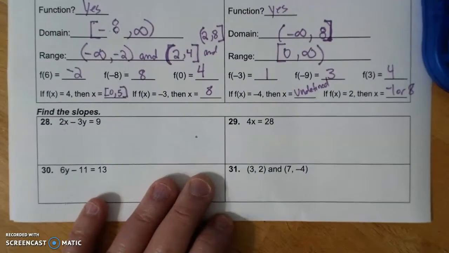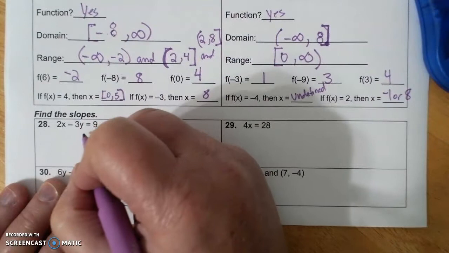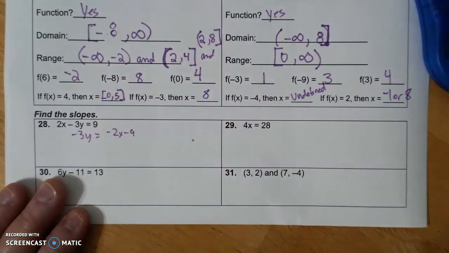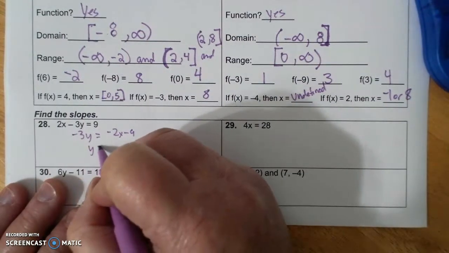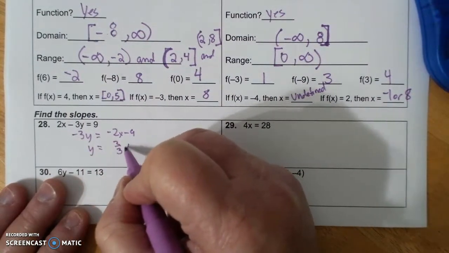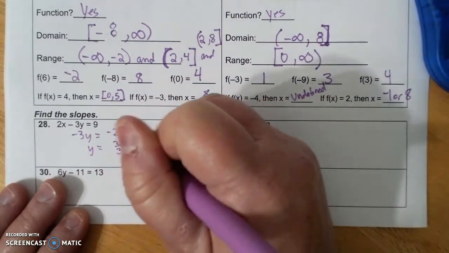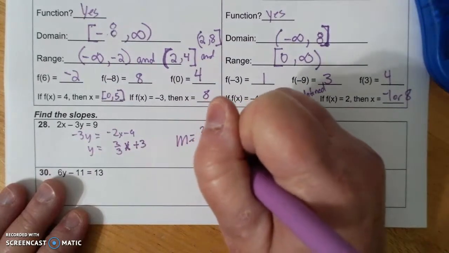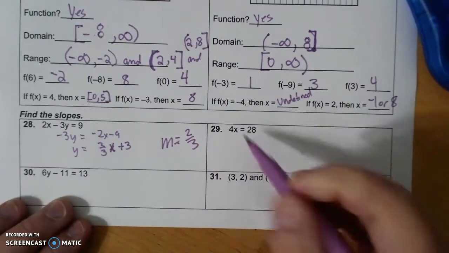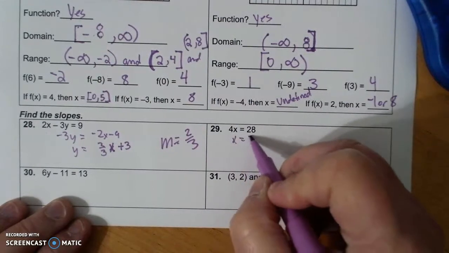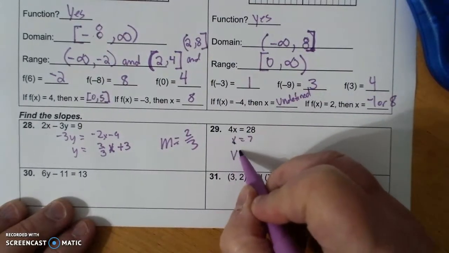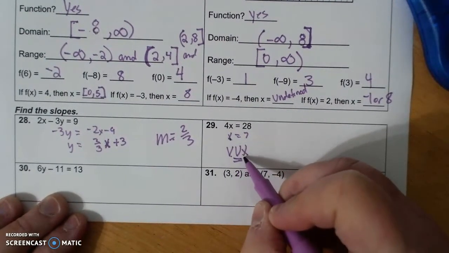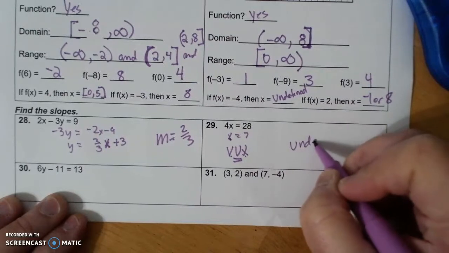Okay, here we go. Find the slope. -3y equals -2x minus 9. Divide by -3: 2/3 x plus 3, so m is 2/3. Divide by 4, x equals 7. X equals a number is a vertical line, undefined slope.